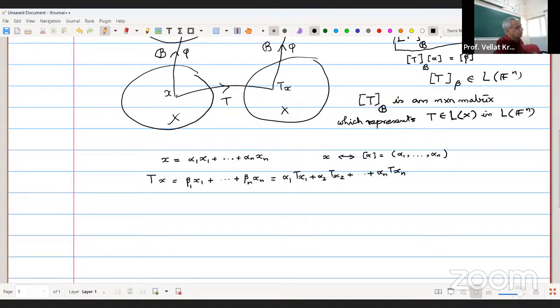But you know that Tx1, Tx2, Txn are now elements of X. Therefore, they are linear combinations of x1, x2, etc., xn.